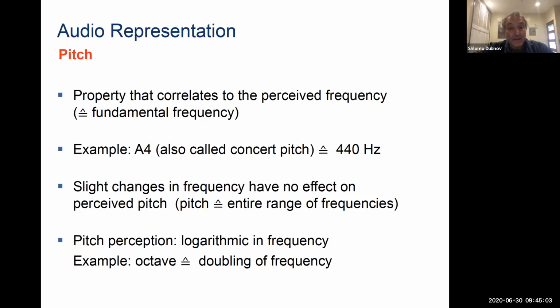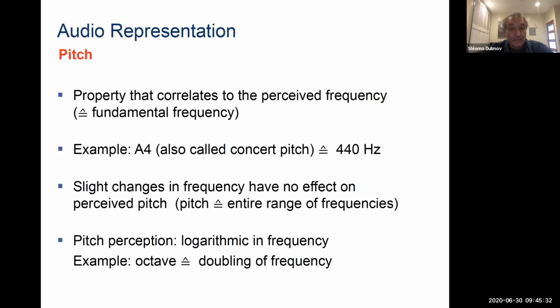And when we have little changes in frequency, it's pretty robust to small perturbations. So if you have different harmonics, you might have a little vibrato, which is like a modulation on that frequency. You would still have a pretty solid perception of what note is being played.